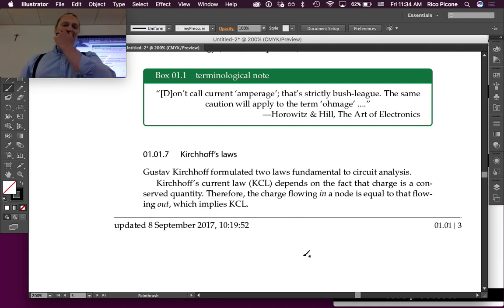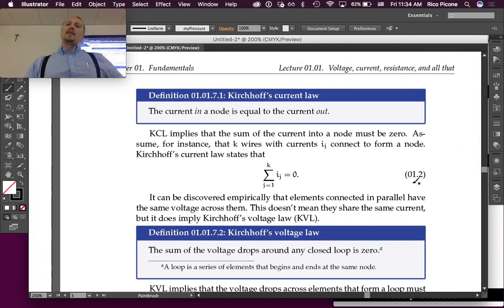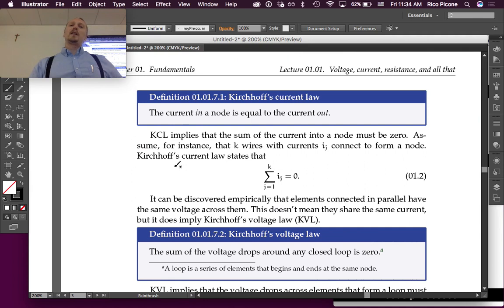So his current law depends on the fact that charge is a conserved quantity. Therefore, the charge flowing in a node is equal to the charge flowing out of a node, which implies his current law, which is the current into a node is equal to the current going out of the node.